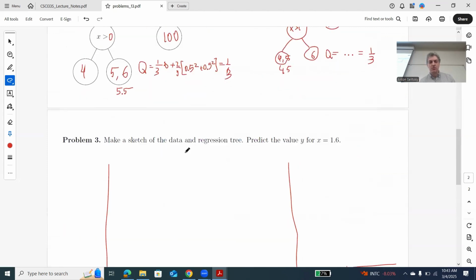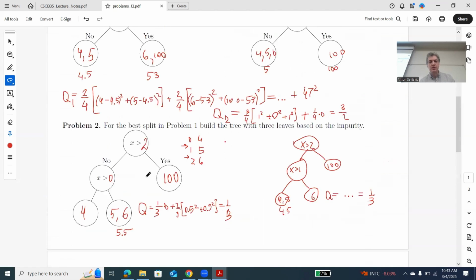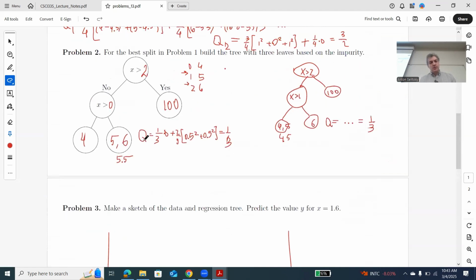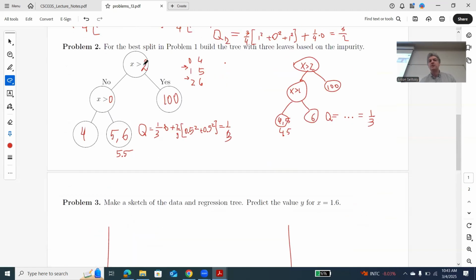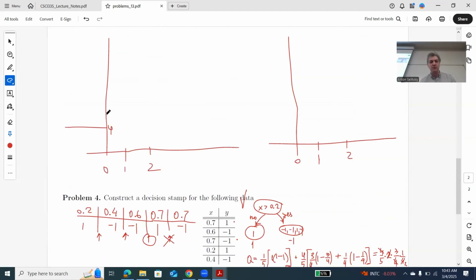So if I'm using the first decision tree, for x 0 and smaller, the value will be 4. For x smaller than 2 but greater than 0, the value will be 5.5.